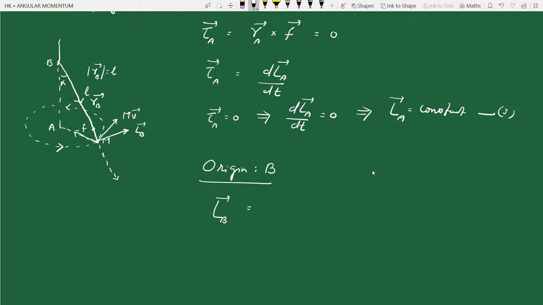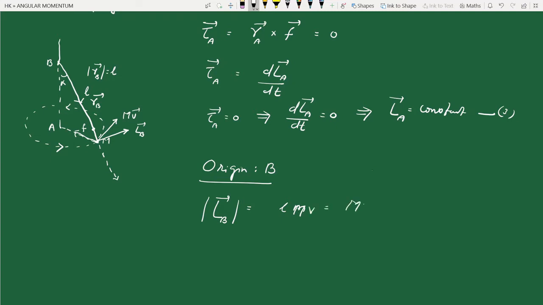And what is the magnitude? The magnitude is mV into L. The perpendicular distance is RB itself, that is L. So L into mV, and this v is r omega.